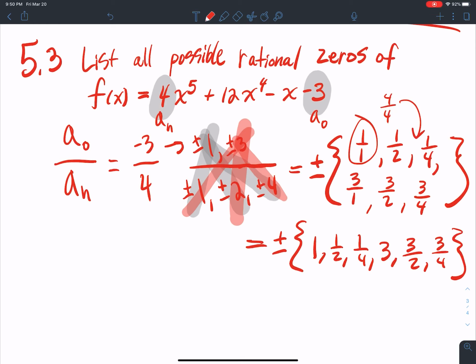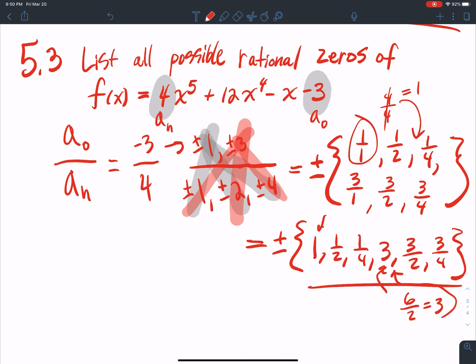Maybe that's not for this problem, but just making it up. 4 over 4 is really just 1. So I would eliminate that one and then just write the 1 that one time. Since it's a set, you only need it in there one time. Don't write 1 more than once. Or if it was maybe 6 over 2, and that reduced to 3, only put the 3 in one time.